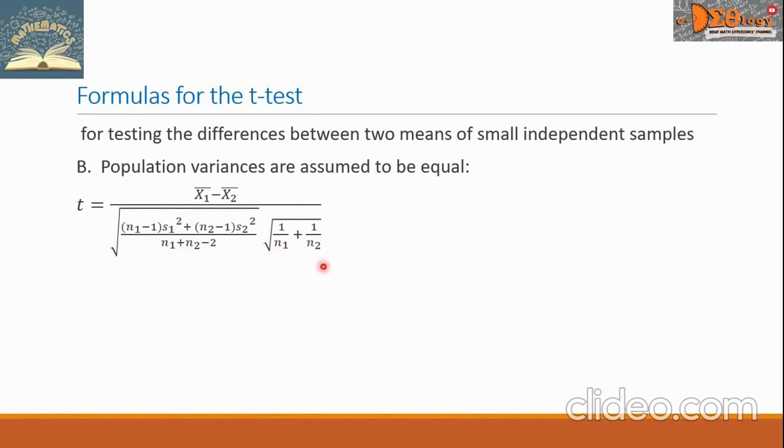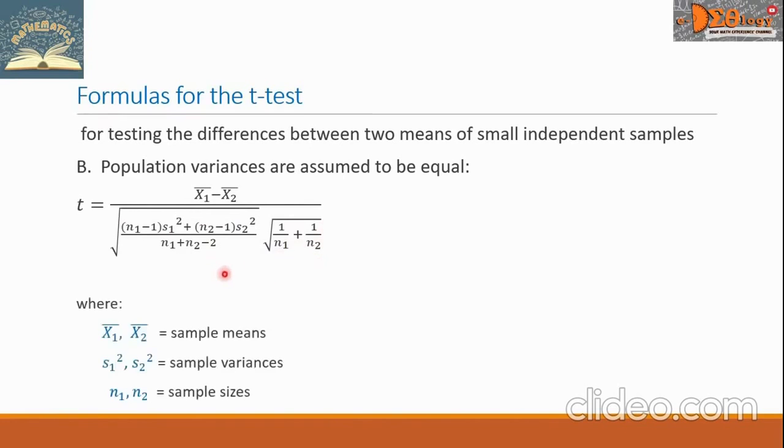And the second radical, the radicand is the sum of two fractions. The first fraction is 1 over n sub 1 plus the second fraction is 1 over n sub 2.